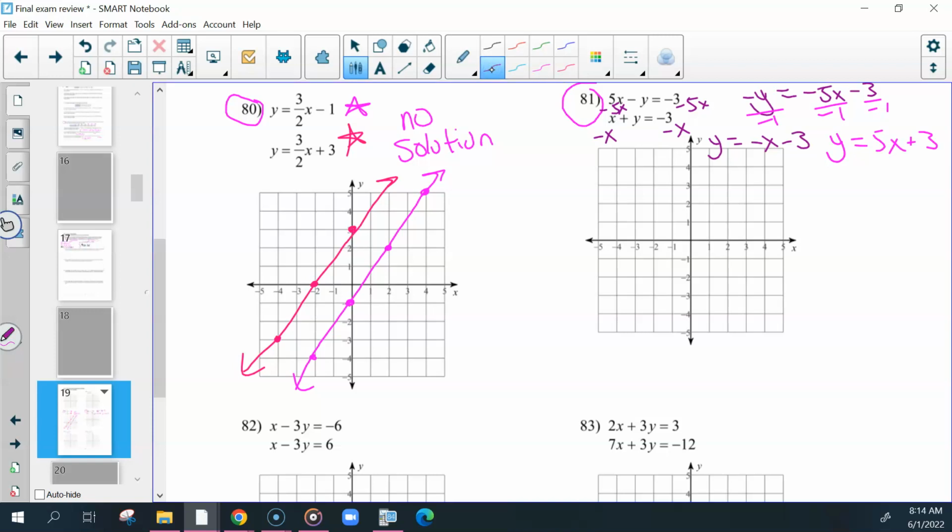And then we can graph both. These do not have the same slope, so I know it's not going to be no solution. They're also not identical, so I know it's not going to be infinitely many. So for this one, this will start at -3, slope of -1, so up 1 to the left 1 as many times as possible. The other one would start at 3, and the slope is 5, so I can go up 5 to the right 1 or down 5 to the left 1.